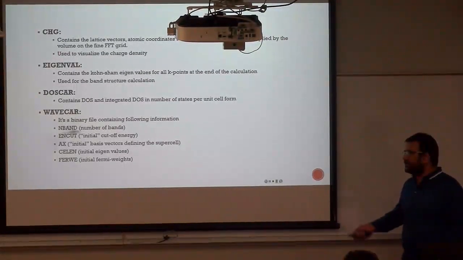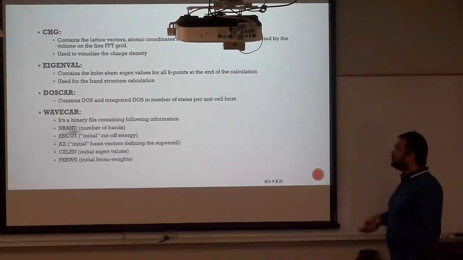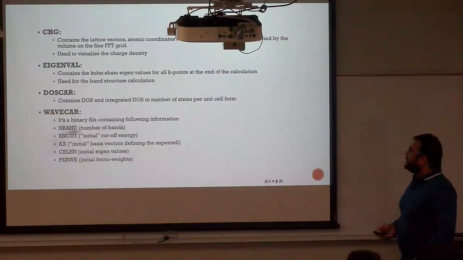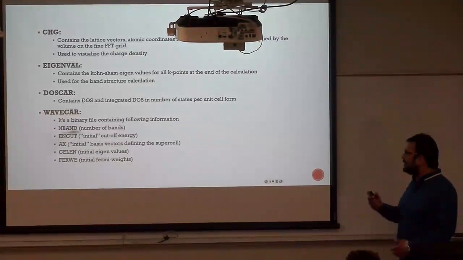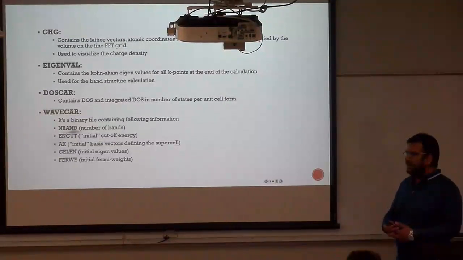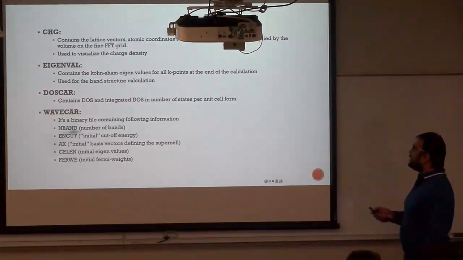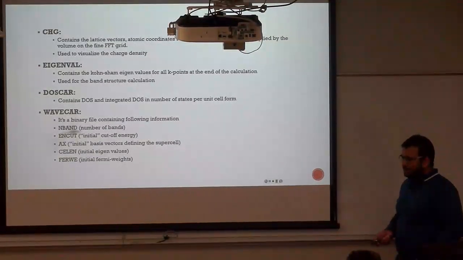And we will see the charge density visualization at the very end of today's presentation. The EIGENVAL file basically represents the eigenvalues that are considered for the calculations at each k point, and it is used for band structure calculation.